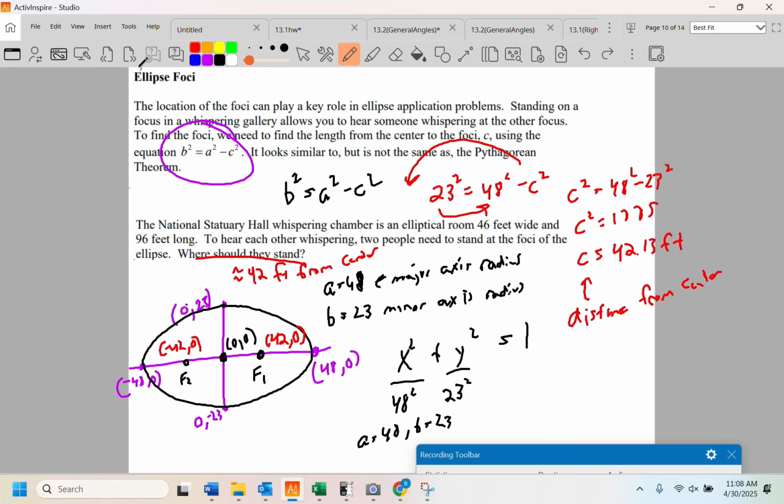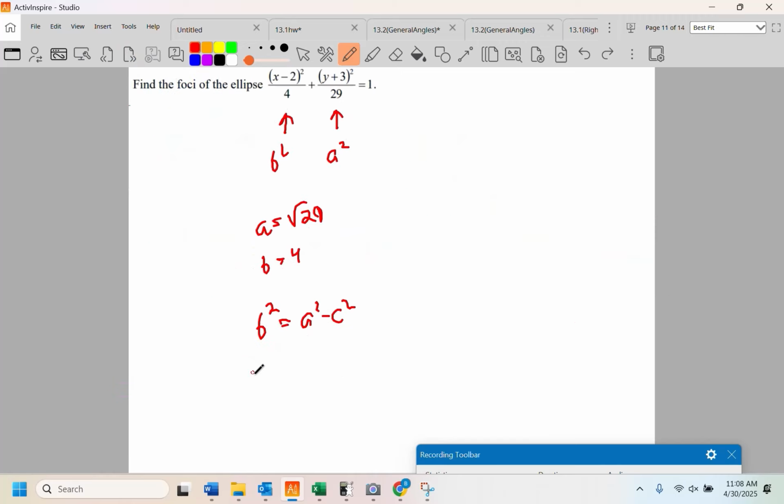So 2 squared must be root 29 squared minus c squared. Of course, we already know these are 4. 4 is 29 minus c squared. Shift things around. C squared is 25 and c is 5.